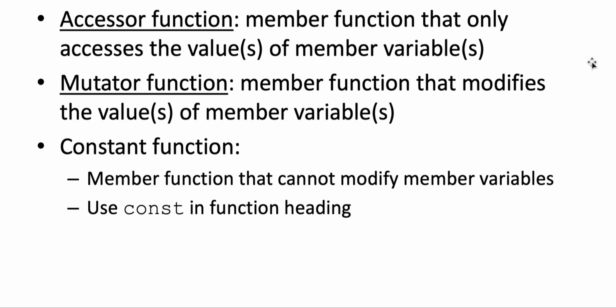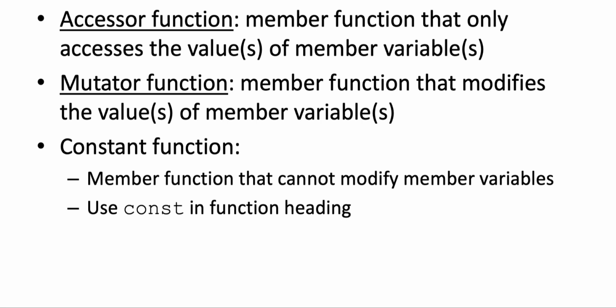So, an accessor function is a member function of a class that only accesses, and a mutator function is a member function of the class that modifies the values, as simple as that. A member function of a class is called a constant function if its heading contains the reserved word const at the end. For example, if you remember, the member functions getTime, printTime, and equalTime of the class clockType were constant functions.